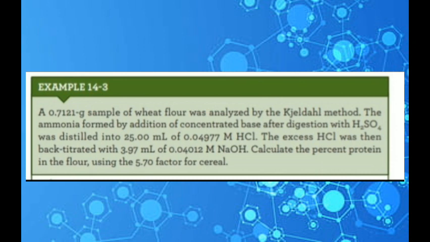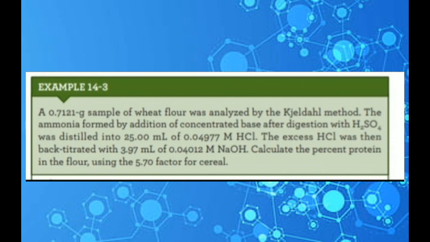The excess HCl was then titrated with 3.97 mL of 0.04012 M NaOH. So we should calculate the percent protein in the wheat flour using the 5.70 factor for cereal.